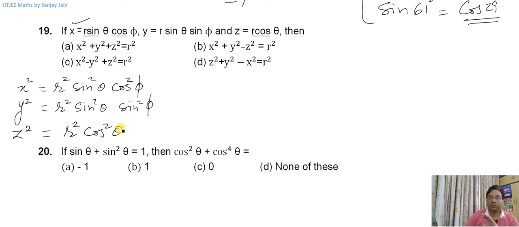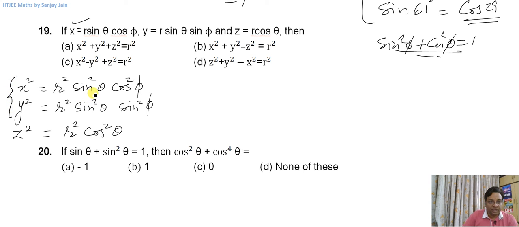So one thing is sure, that I need to get rid of this sine theta cos phi, right? So how do I do that? I already know that sine square theta plus cos square theta is equal to 1, or sine square phi plus cos square phi is equal to 1. This is what I know. If you notice, if I add these two, then r square sine square theta will be taken as common, and cos square phi plus sine square phi will become 1.